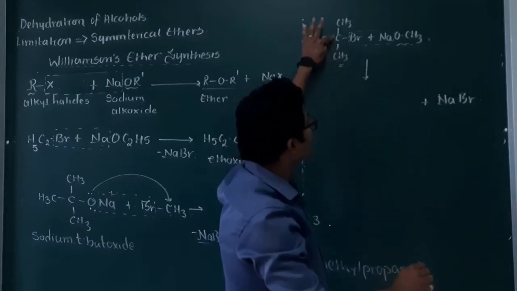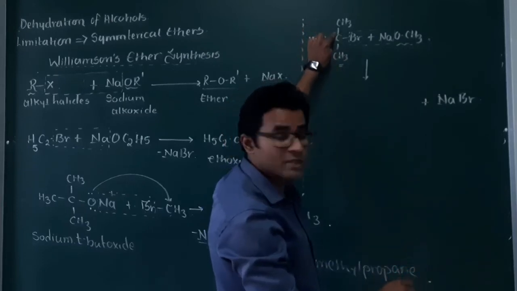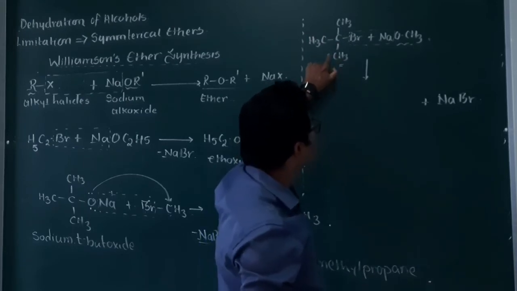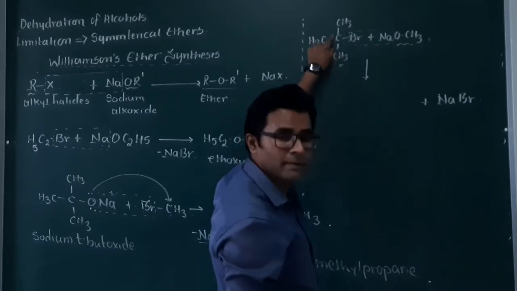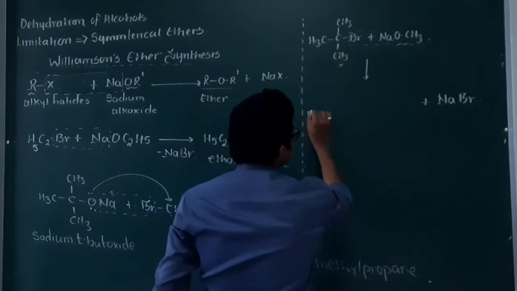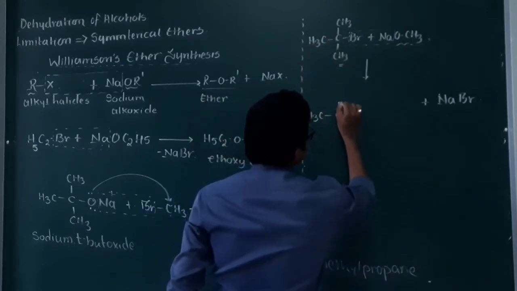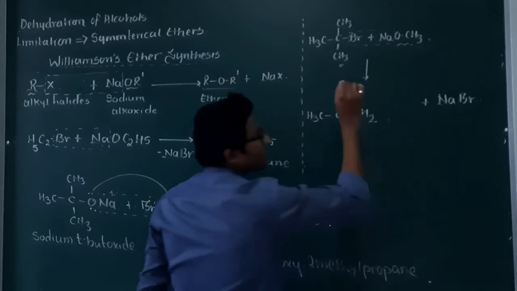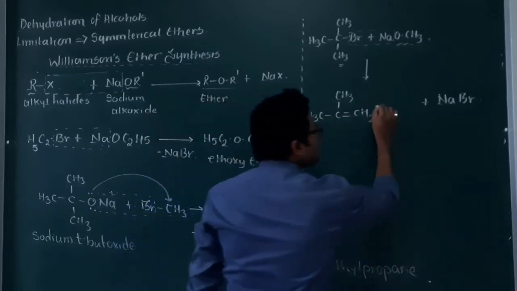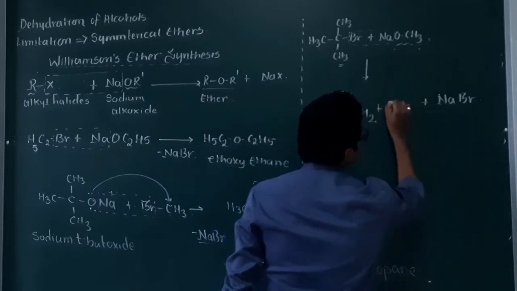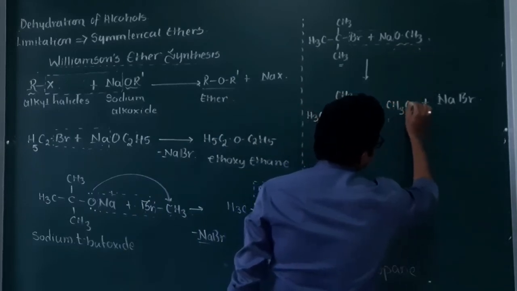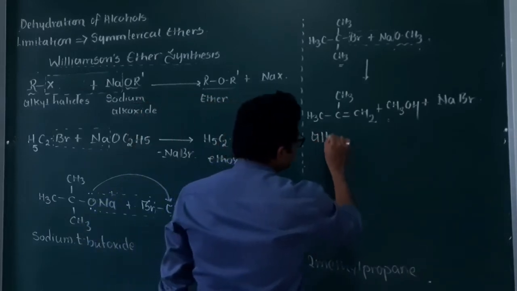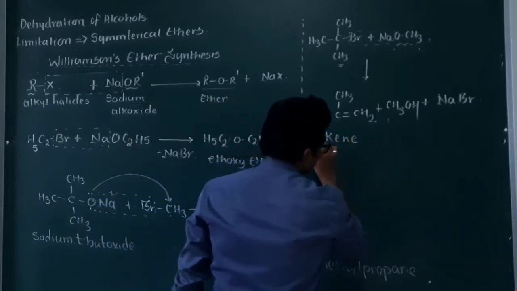Now, this is a carbon which generates positive charge, and this is a carbon which generates negative charge. Therefore, a double bond is created between this carbon and this carbon, giving rise to (CH3)2C=CH2, plus this forms CH3OH. So an alkene is obtained.